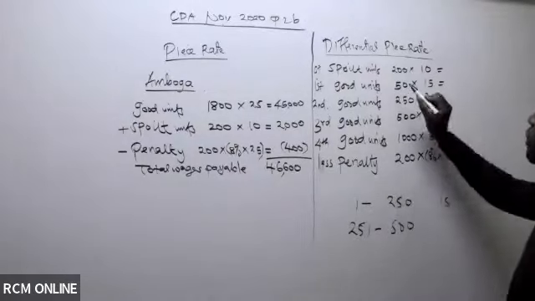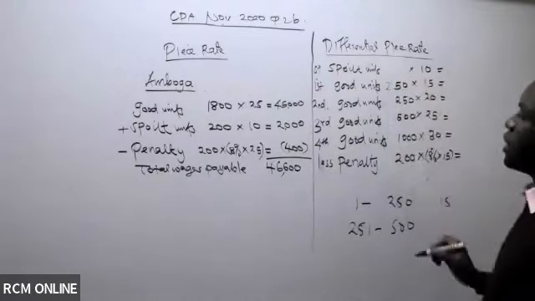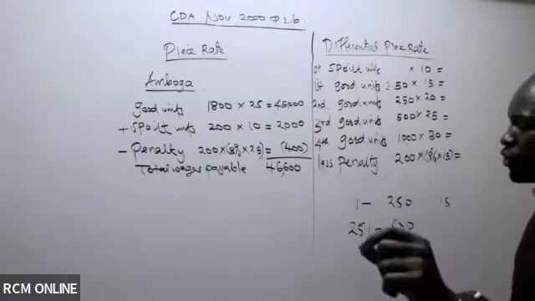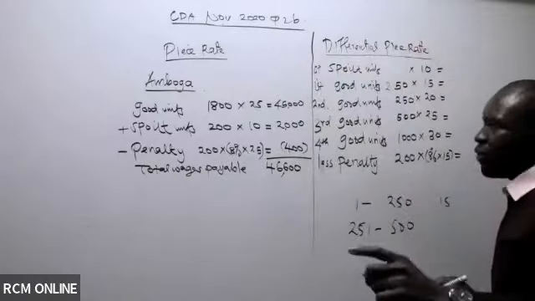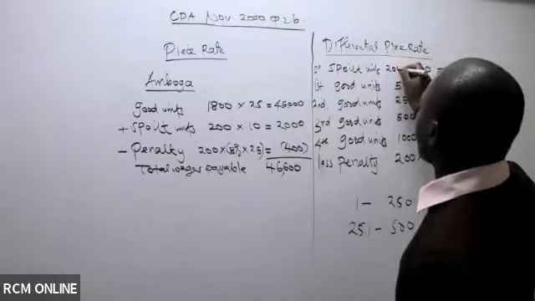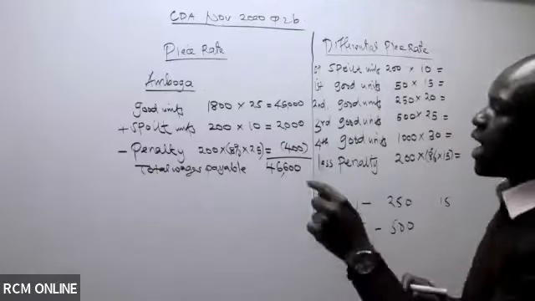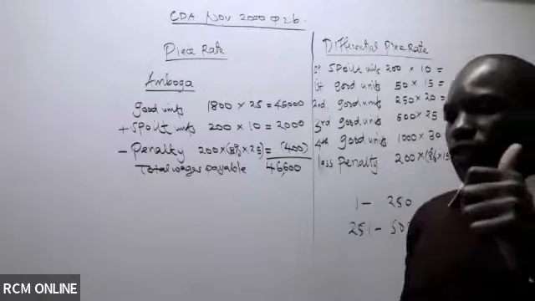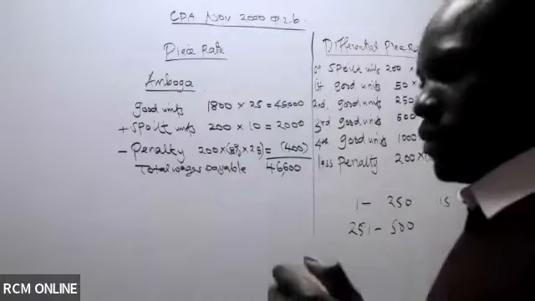So instead of taking 250 good units, because this person produced the spoiled goods, we have been told those spoiled goods come from this first range. So first range is 250, and therefore I have decided to separate the spoiled goods from the good units. If I add the two, it will give me 250, and you can see they are all falling within the first range. Is it okay now, Dorin?